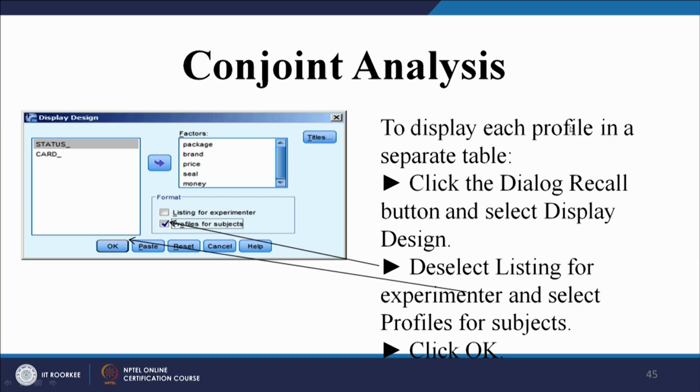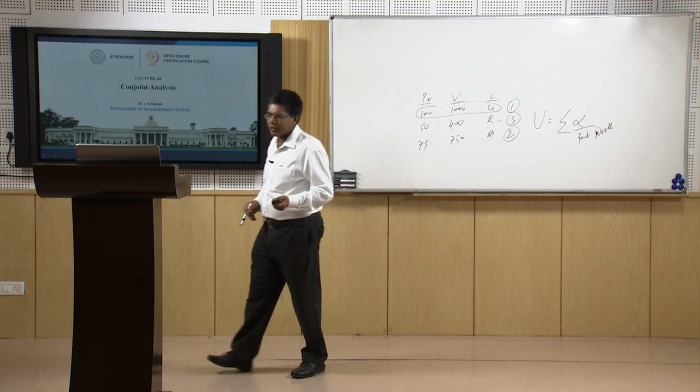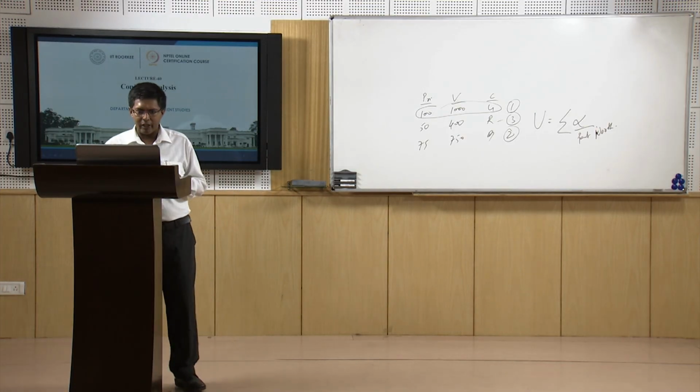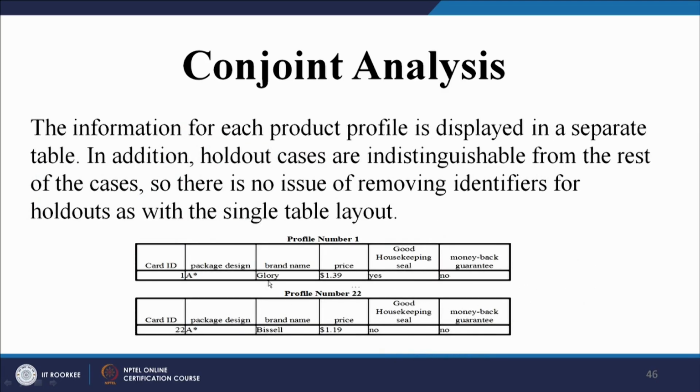Now, to display each profile in a separate table, you can also see for each profile individually, for each respondent, what their response is, right. You can go for profile for subjects here. So, deselect listing for experimenter and select profile for subjects and click OK. This is what you will get. If you look at this file, the information for each product profile is displayed in a separate table.